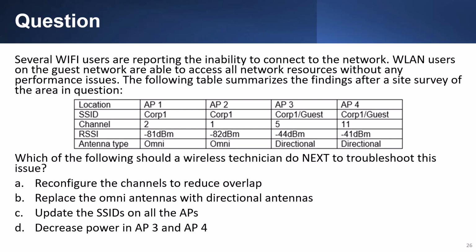Several Wi-Fi users are reporting the inability to connect to the network. Wireless LAN users on the guest network are able to access all network resources without any performance issues. The following table summarizes the findings after a site survey of the area in question. Which of the following should a wireless technician do next to troubleshoot this issue?